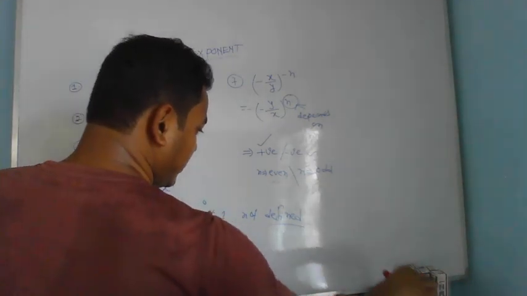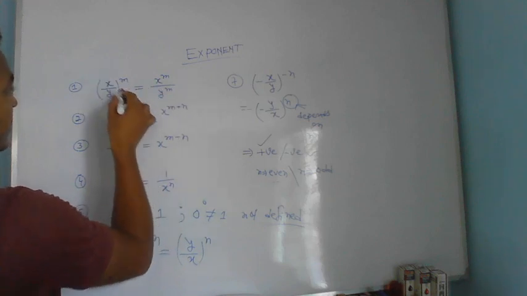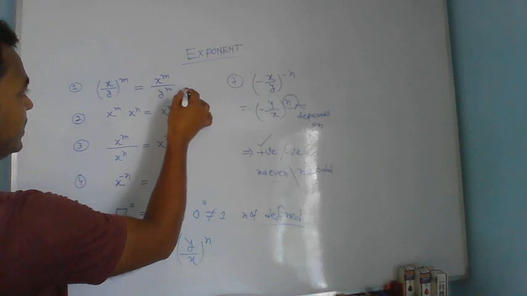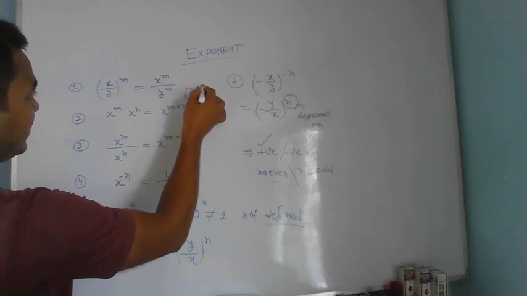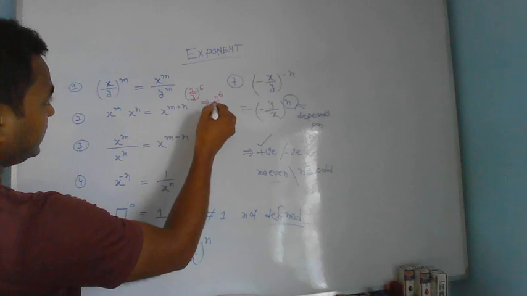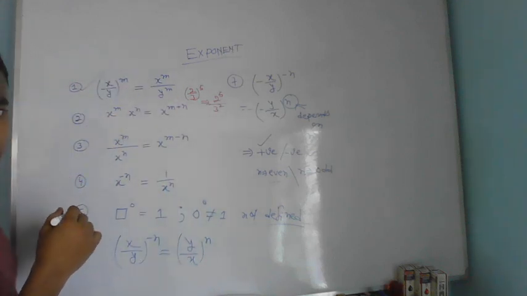It's better if I explain these again with some examples. Say x by y, imagine 2 by 3 whole to the power 5. You can write it like this: 2 to the power 5 divided by 3 to the power 5. That is number 1.